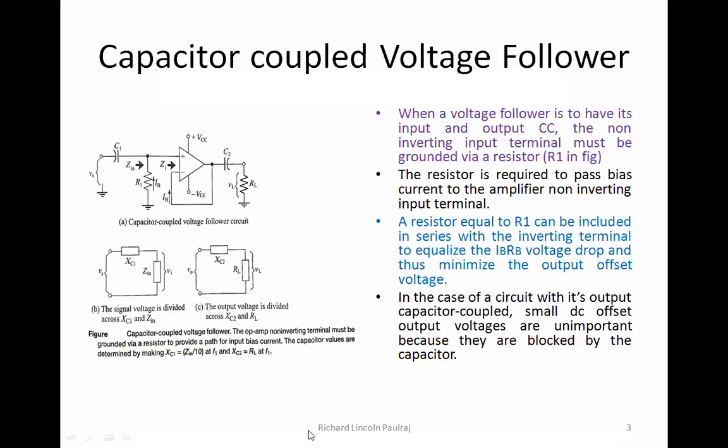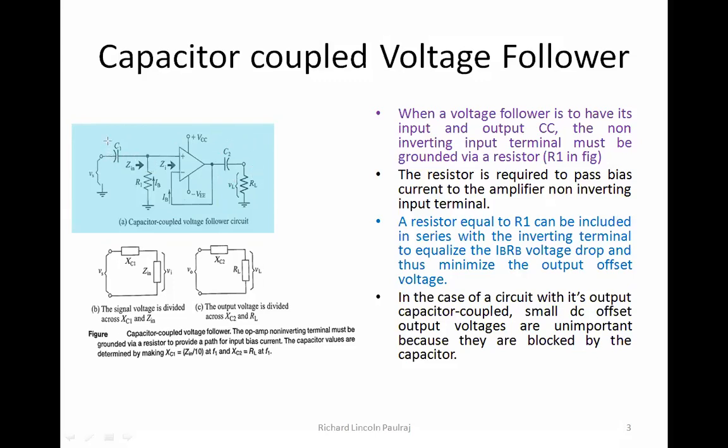Right, so this is your circuit for the capacitor coupled voltage follower. This is the main thing that we will be focusing on. As you can see here, we have a capacitor C1 at the input side, and we have another capacitor C2.